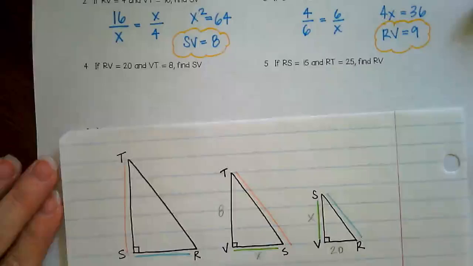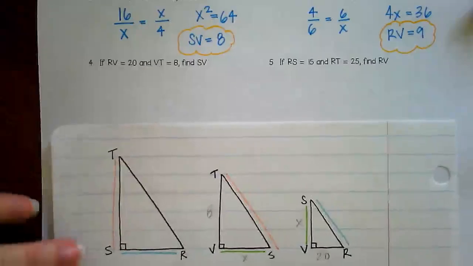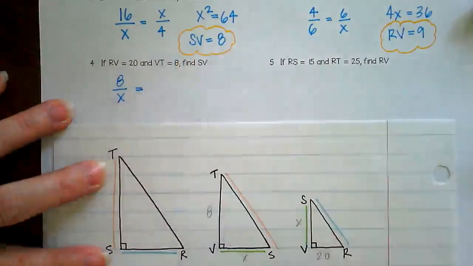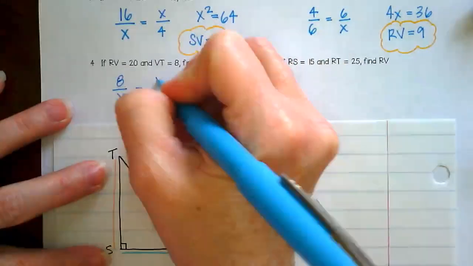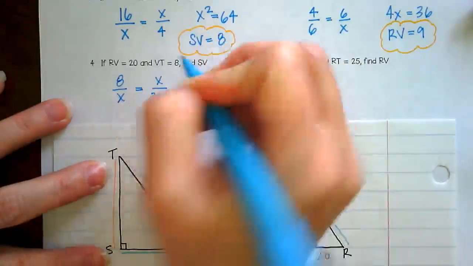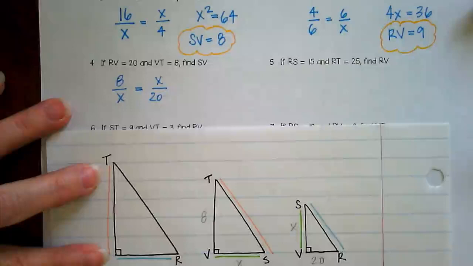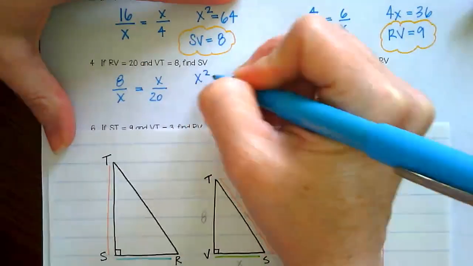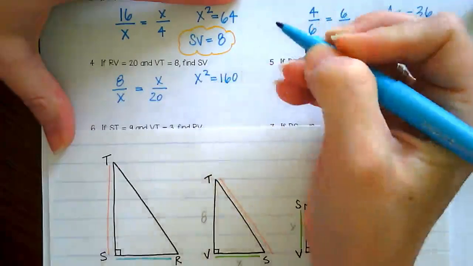Okay, so for this one, I'm going to say 8 over X. So that's mama bear, and she matches up with X over 20 for baby bear. So multiply the diagonals. I get that X squared equals 160.